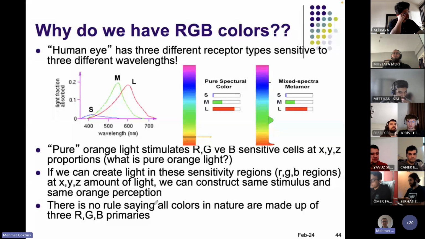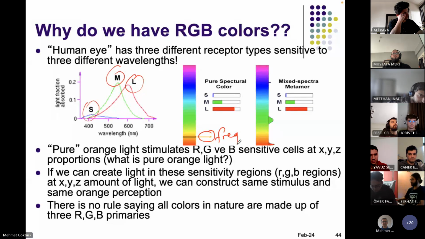We see RGB colors, as I said, because we have 3 different types of sensors in our eyes, and when a particular frequency is given to the human eye, these sensors are stimulated accordingly with certain amounts.